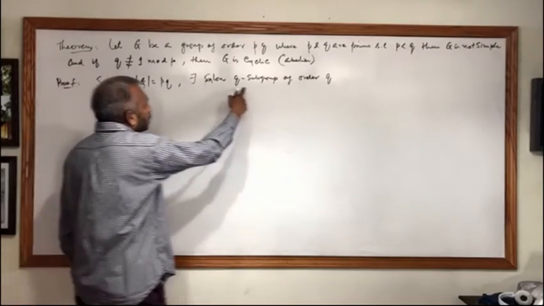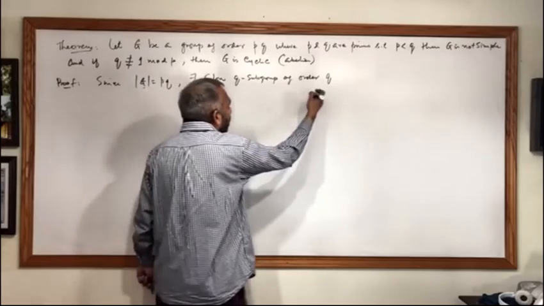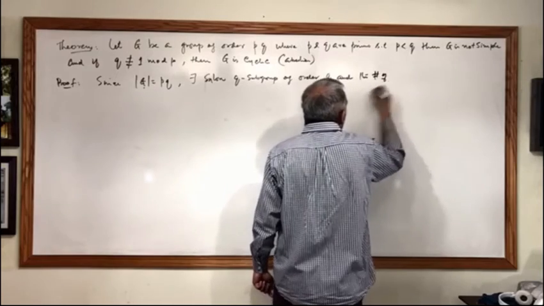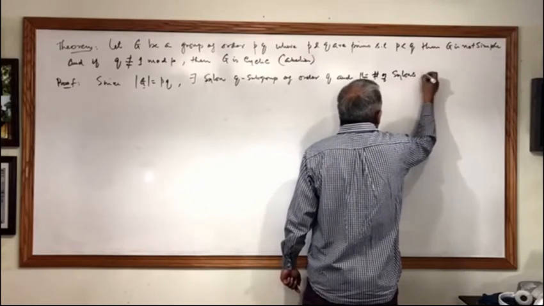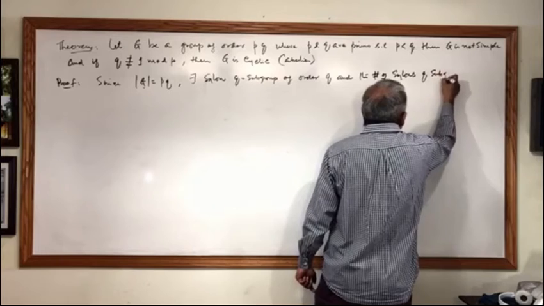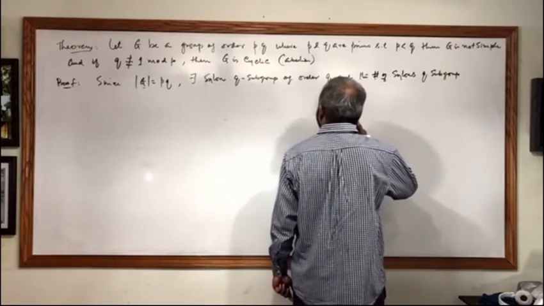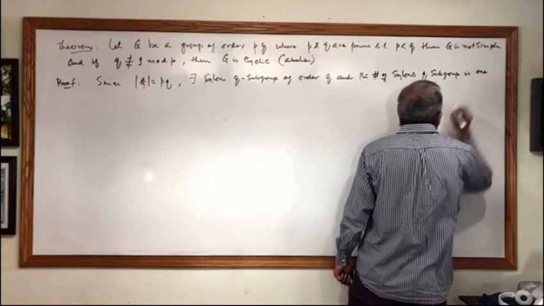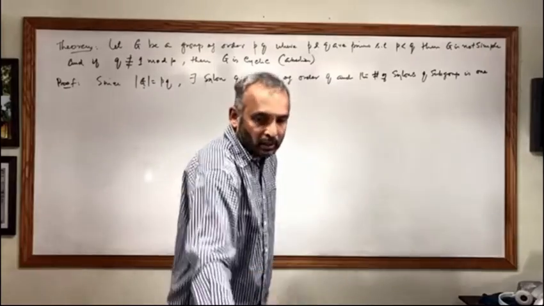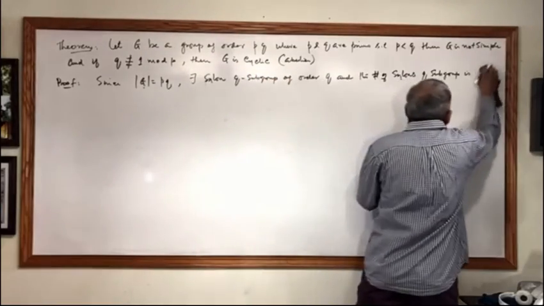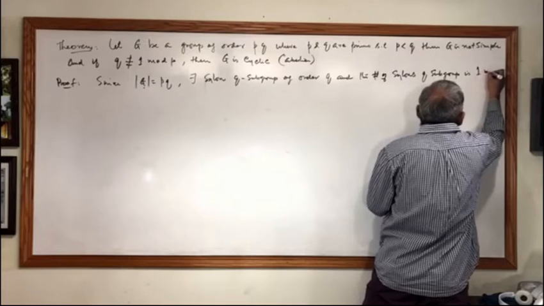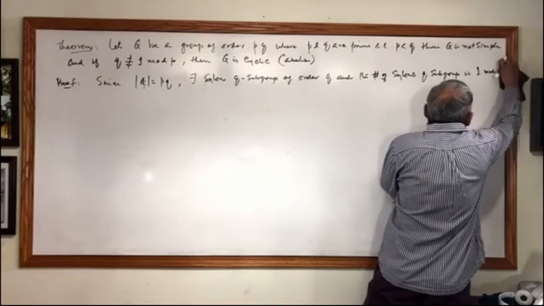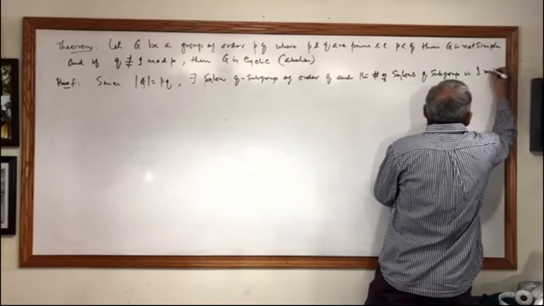So the Sylow Q subgroup should be of order Q, and the number of Sylow Q subgroups is 1 or 1 mod Q.